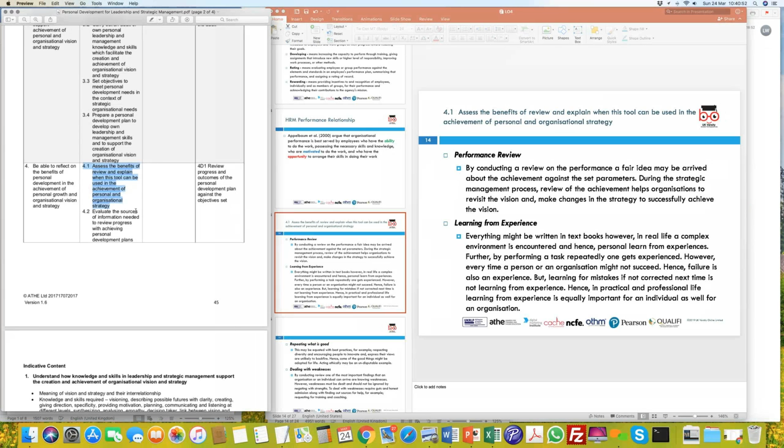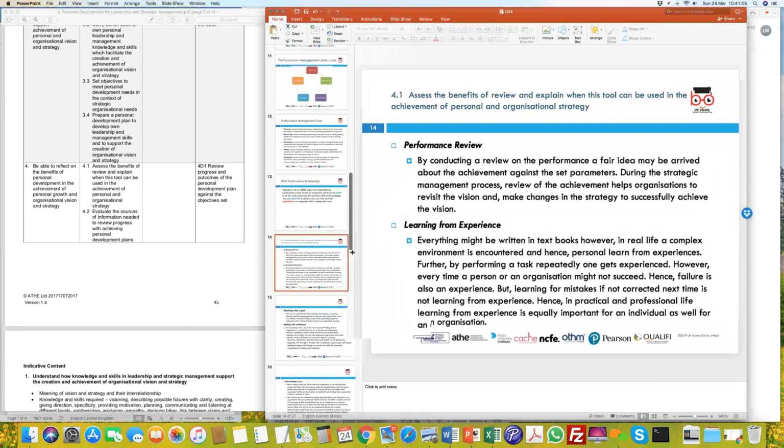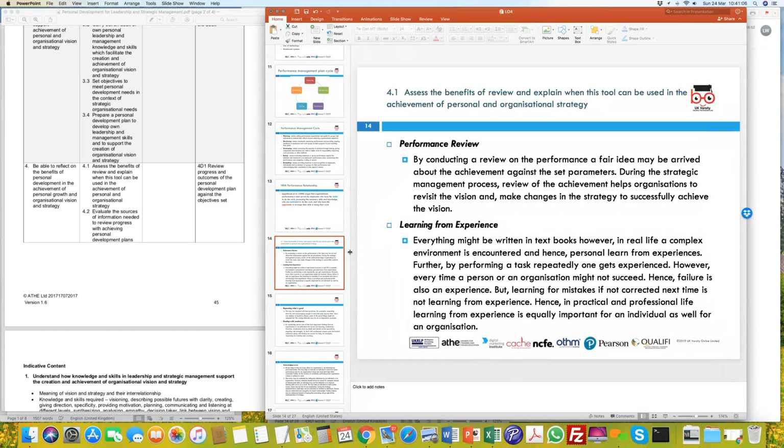The first assessment criteria talks about understanding the benefits of review and how we do reviews within the organization. So I've put together a few key points here which highlight why we've understood why performance appraisal or performance management is done within the organization.